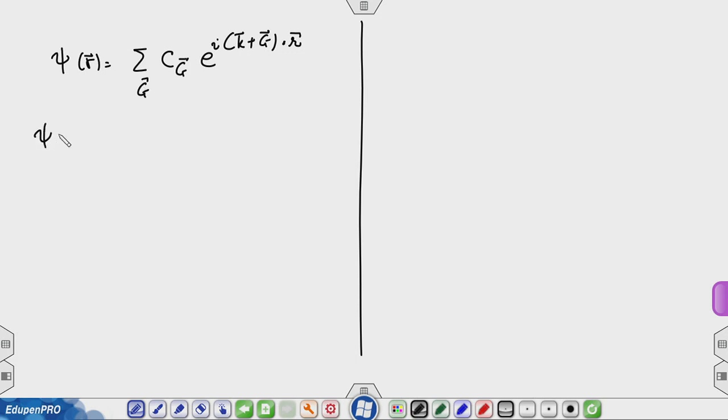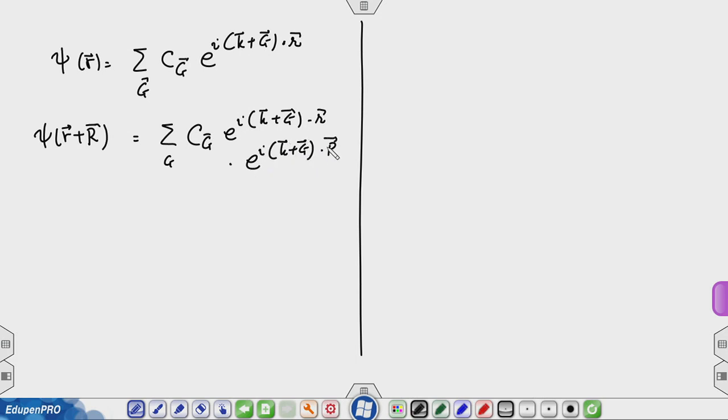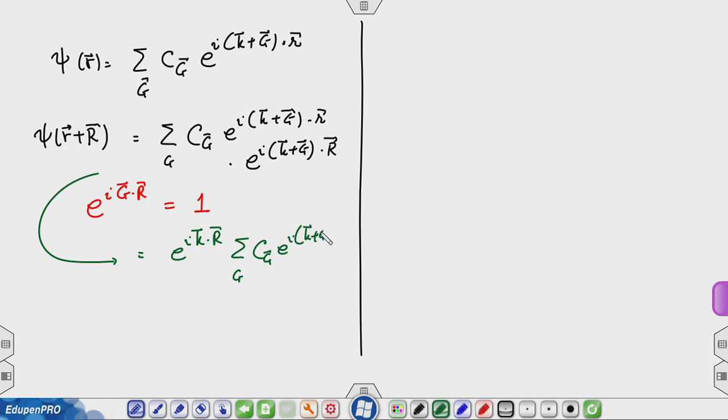Let me write psi(r plus R), which is equal to summation over G of C_G e raised to i (k plus G) dot r times e raised to i (k plus G) dot R. Now, from definition I know that e raised to i G dot R is equal to 1, and therefore what you are left with is e raised to i k dot R. I can take out the summation over G of C_G e raised to i (k plus G) dot r, which is e raised to i k dot R psi(r). That is the statement of Bloch's theorem, proved.